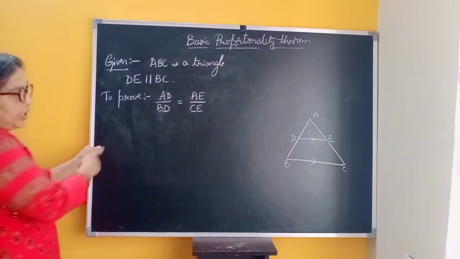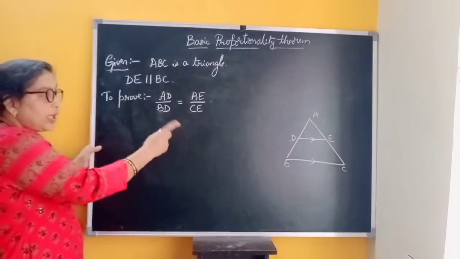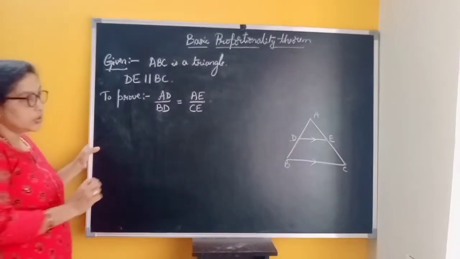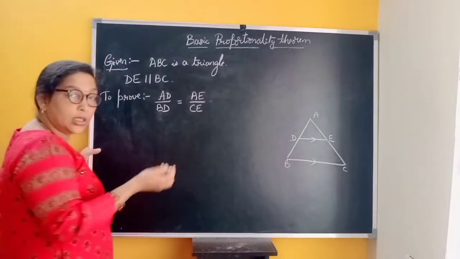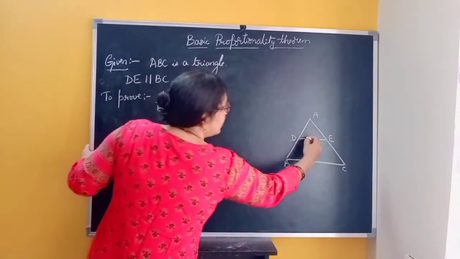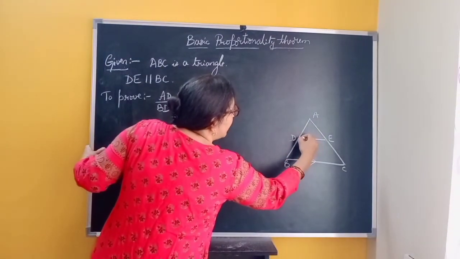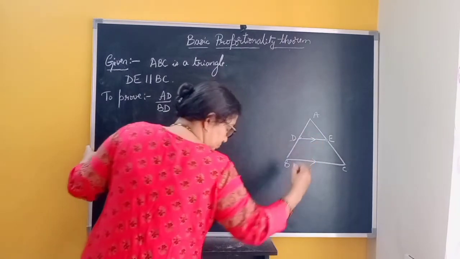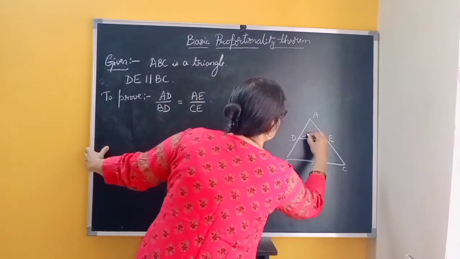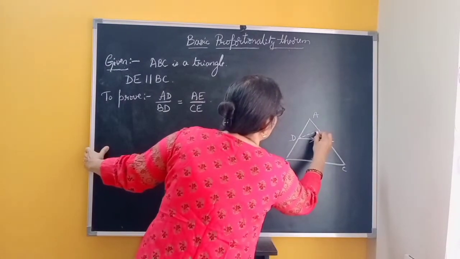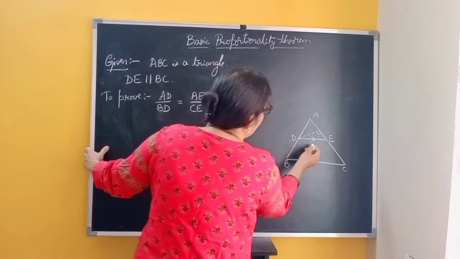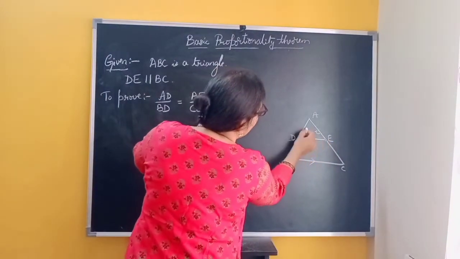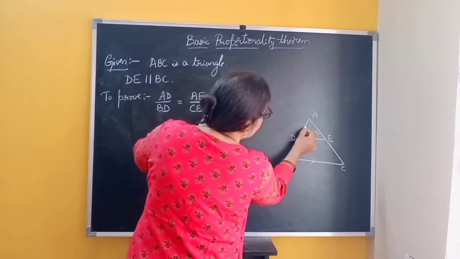How to prove this? Without any additional construction, can we prove it? Think. No, it's not possible. So, we need to draw some additional construction. Let us draw a perpendicular from D to AE. Similarly, from E, let us draw one more perpendicular to AD.